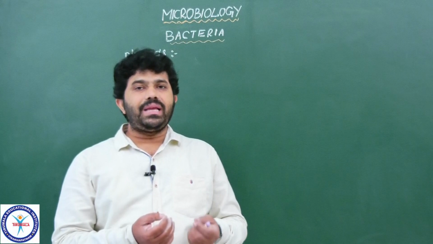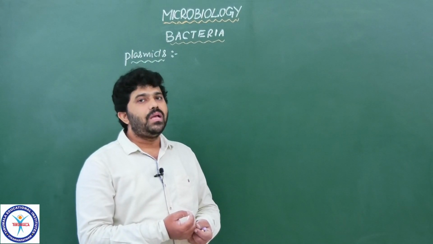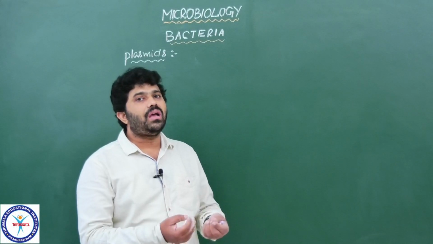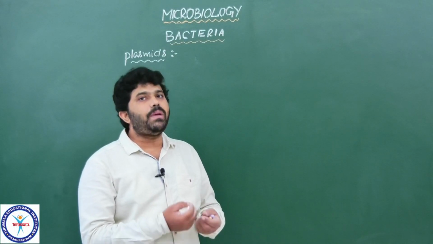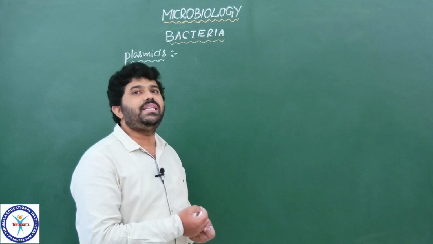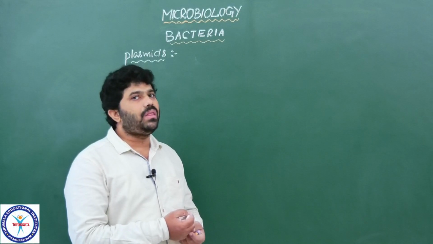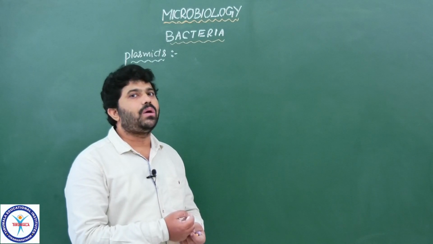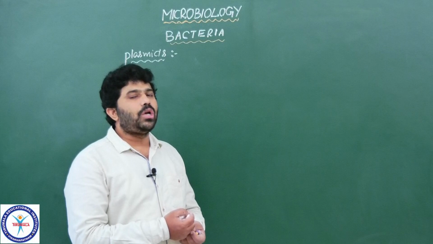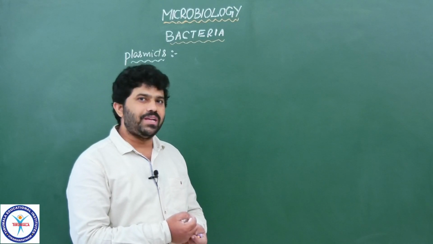They can easily overcome adverse conditions by the presence of plasmids. So plasmids are an extra weapon for the bacteria. They are not seen in all bacteria, but most typical bacteria show these extra chromosomal circular dsDNA molecules, which we call plasmids.